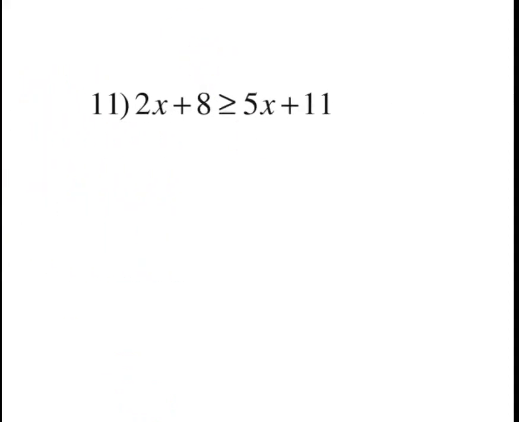A few more solving. Again, when you have variables on both sides, start on the variable on the right-hand side, because that's normally where the variable is not supposed to be. That's why we start over there, to get rid of it. Okay, still get rid of the number on the left.